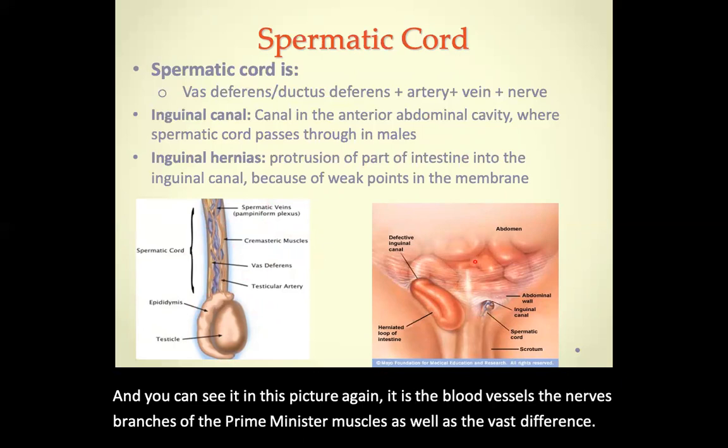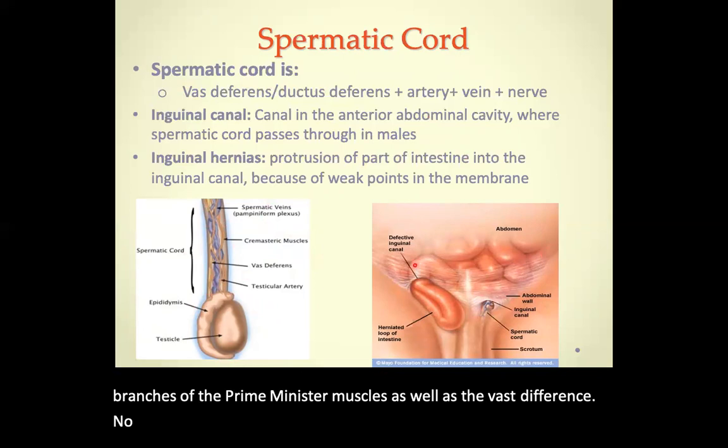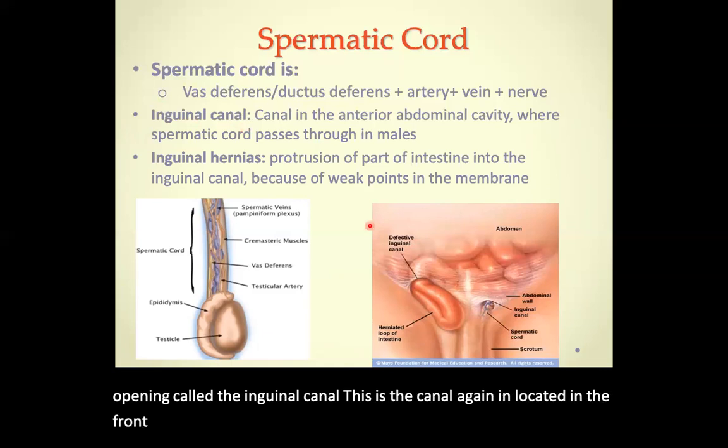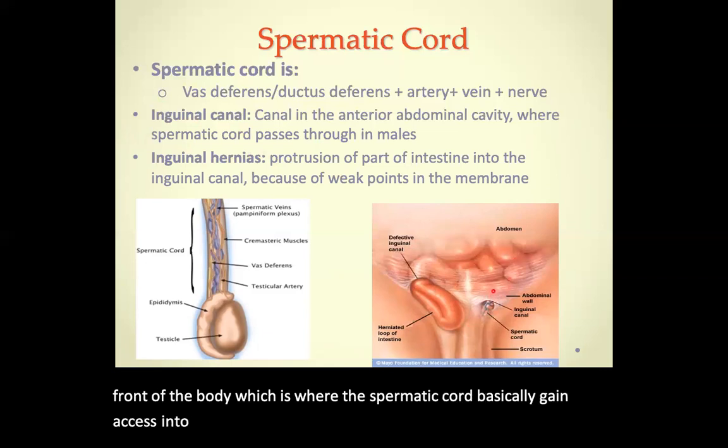Now, within the pelvic area, we have an opening called the inguinal canal. This is a canal located in the front of the body, which is where the spermatic cord gains access into the internal cavity of the male system, or male abdominal cavity.